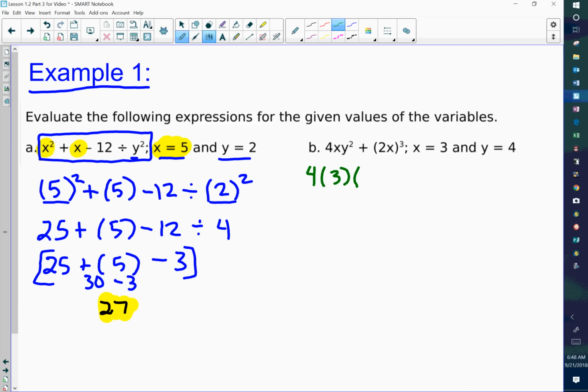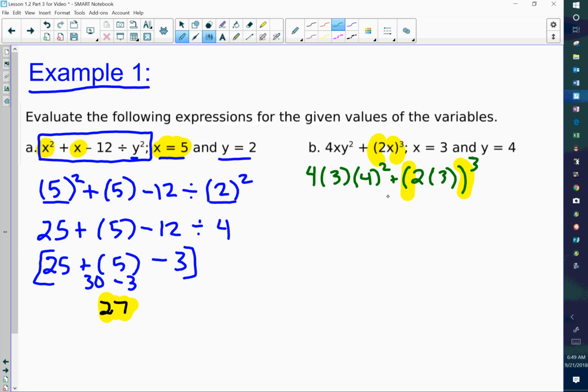Y, replace y with 4 to the second power, plus parentheses 2. Now I have an x, and I'm going to replace it with a 3 with parentheses. That's okay. I put it in parentheses, and then I close the first set of parentheses raised to the third power.